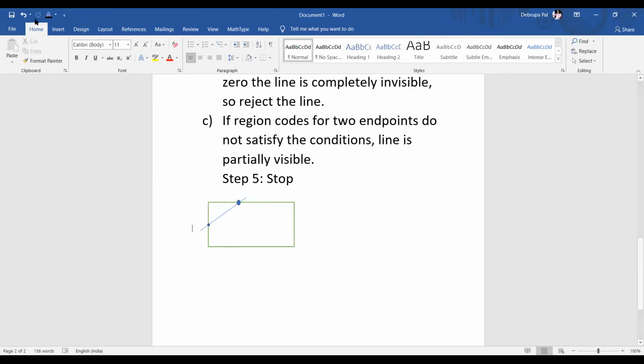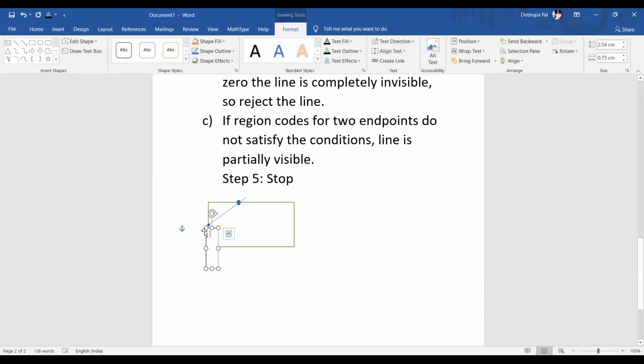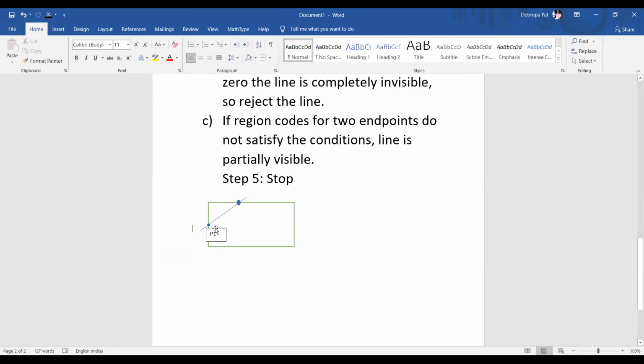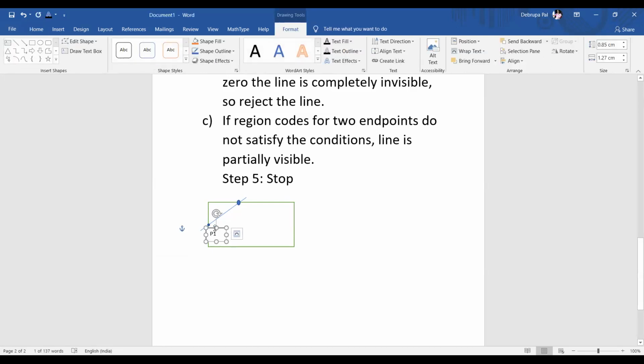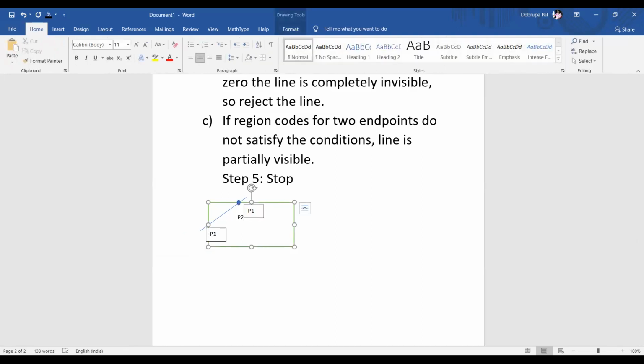This point is referred to as P1, and similarly here this point is referred to as P2.